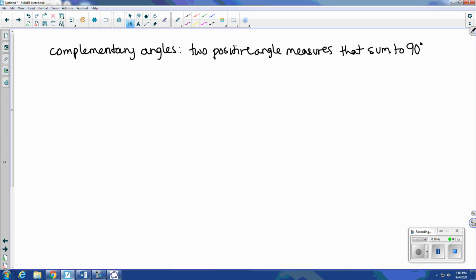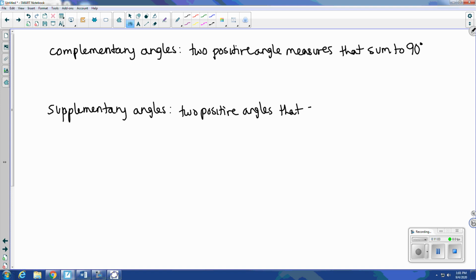So these two angles will form a right angle. Supplementary angles are two positive angles that sum to 180 degrees. Okay, so complementary, they form a right angle. Supplementary form a straight angle.